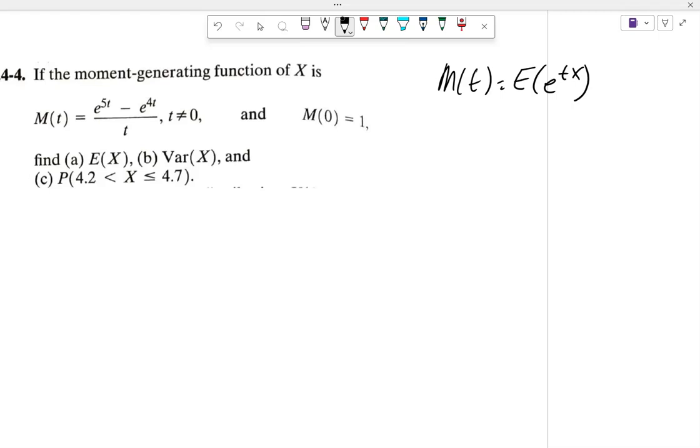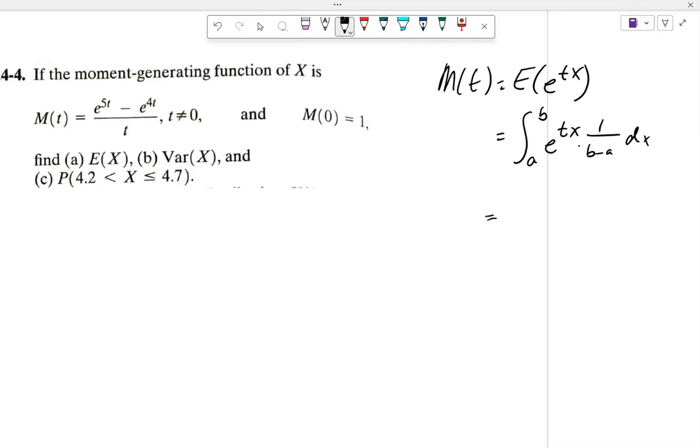So if we do a uniform distribution on the interval from A to B, then we would do the integral from A to B of e to the tx times 1 over b minus a dx. Your 1 over b minus a, of course, has no x's in it. The only part that has an x here is the e to the tx part.